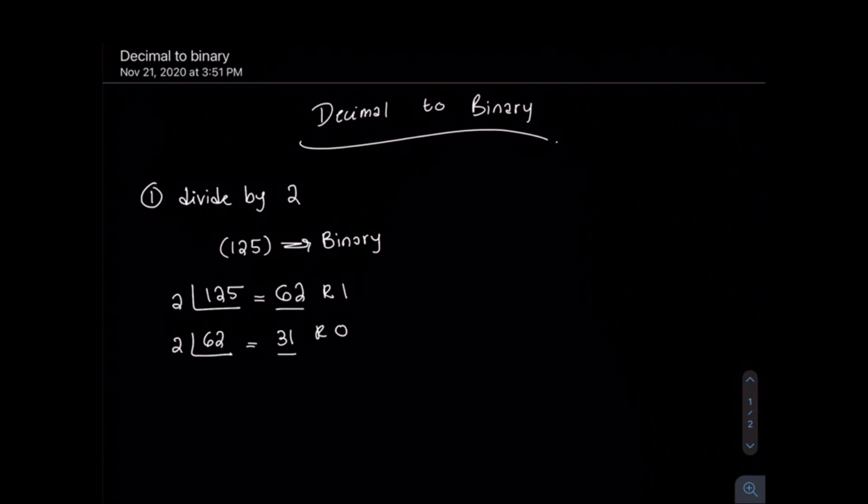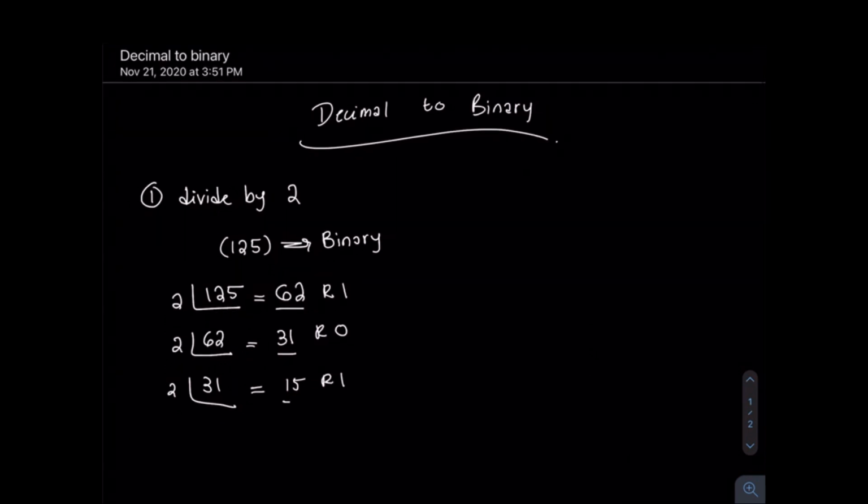Then we will take 31, divide it by 2, and it will equal 15 with the remainder of 1. Then take 15, divide it by 2, it will equal 7 with the remainder 1.